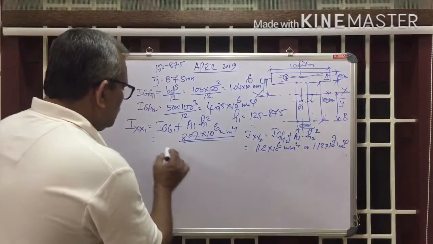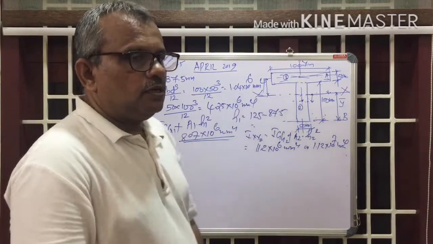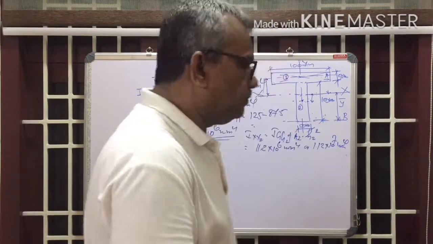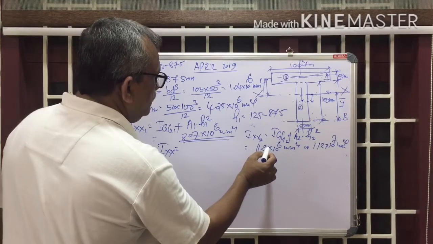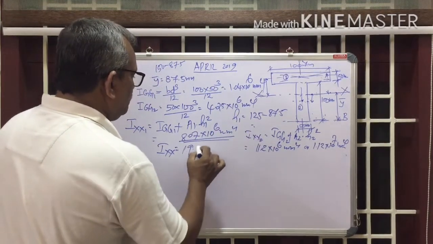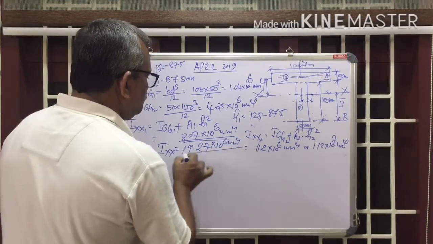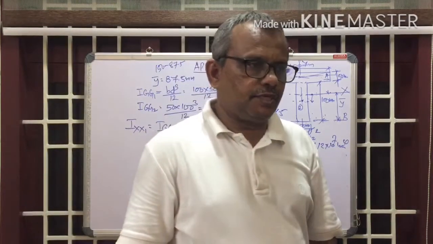Therefore, the total Ixx of the whole T section about xx will be equal to 19.27 into 10 raised to 6 mm raised to 4.